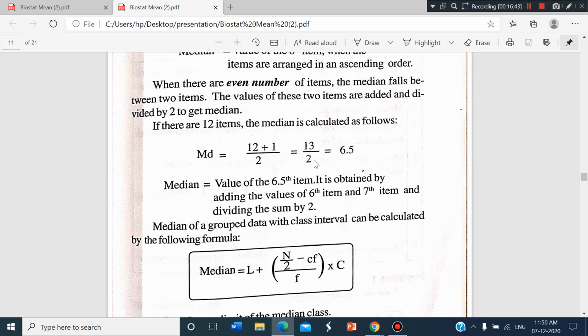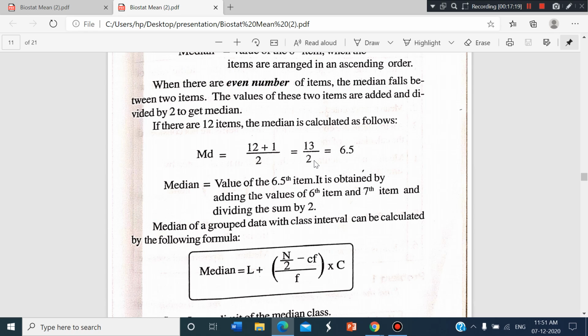Now you have to find the value of the 6.5th item. You may ask how, because if it were the sixth or seventh item you could find it. Usually you add the values of the sixth item and seventh item and divide the sum by 2. That will give you the median.